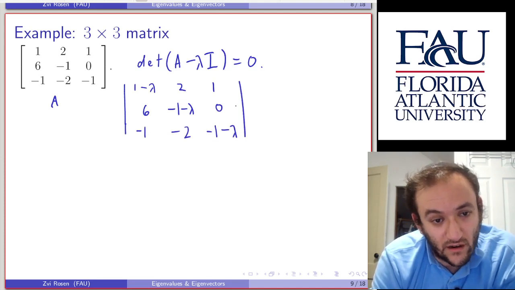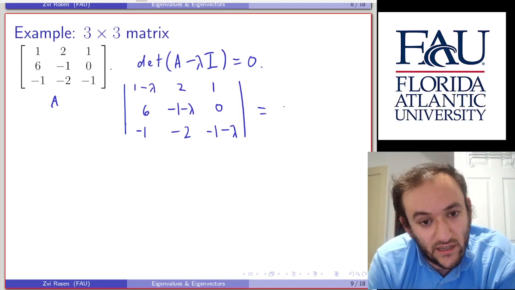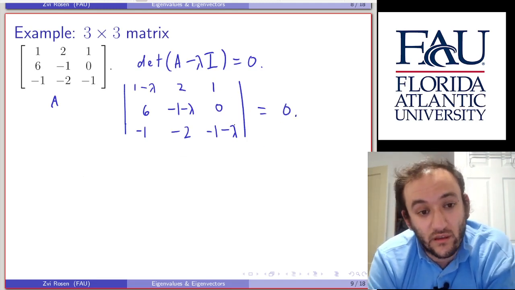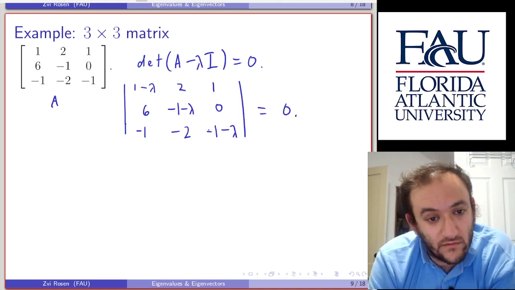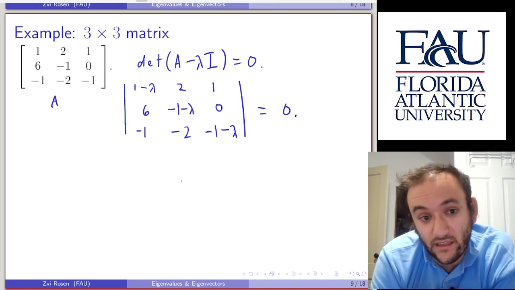Okay, and this is our determinant. We'll use the lines on the side to indicate determinant. We're setting this equal to 0. So we have to compute the determinant and see what values of lambda give 0 to find what the potential eigenvalues are.